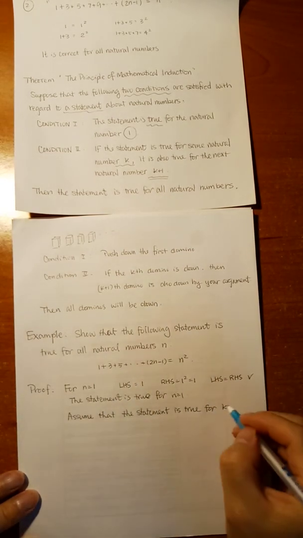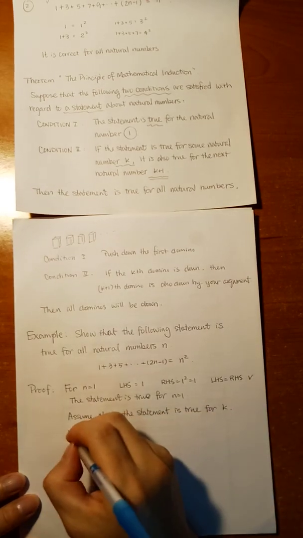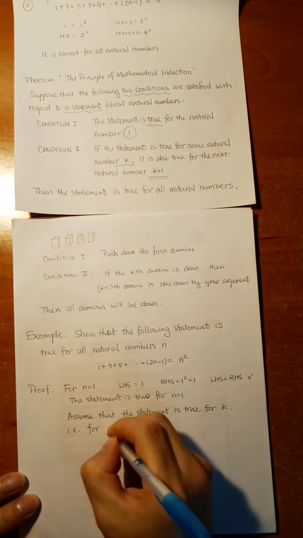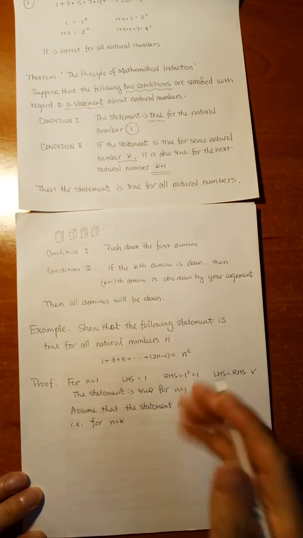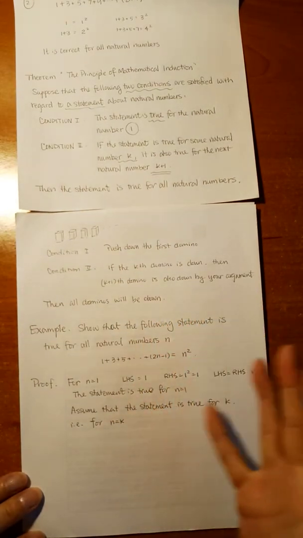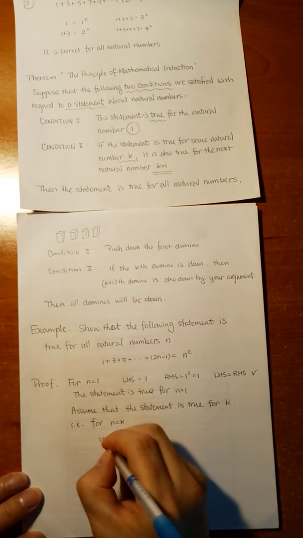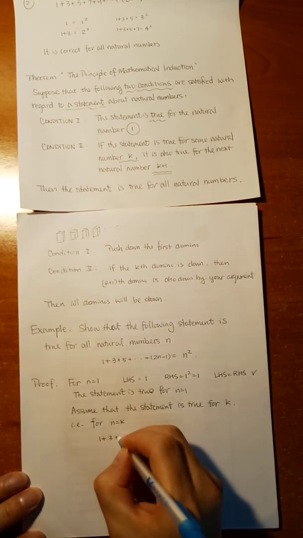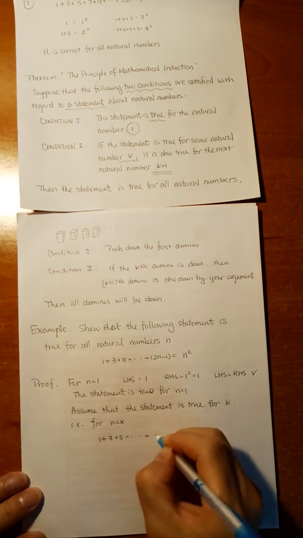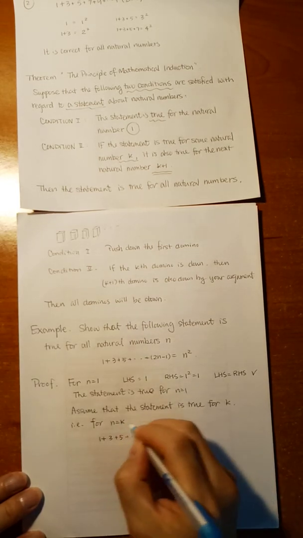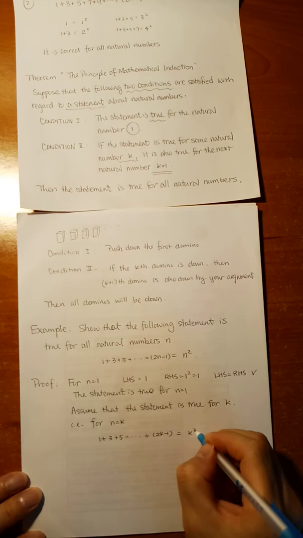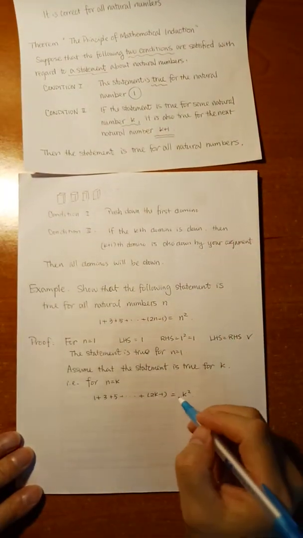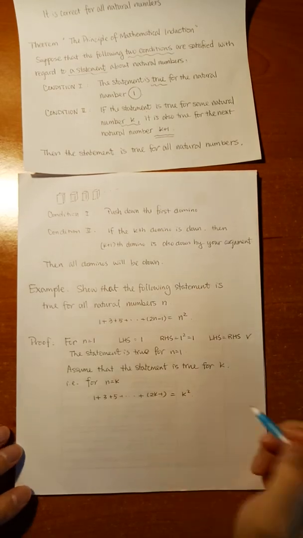So when n is equal to k, the left side is equal to the right side. The statement is true, so 1 plus 3 plus 5 plus up to 2k minus 1 is equal to k squared. All right? So assume the statement is correct for k.